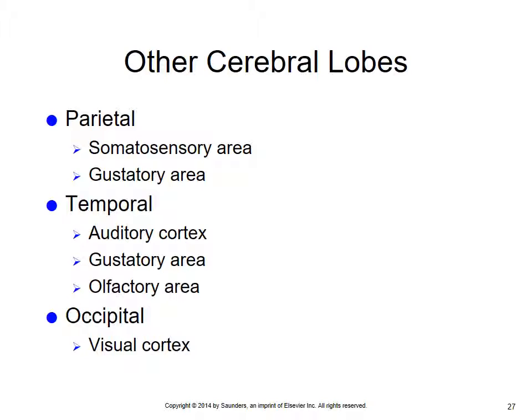And proprioception is the way we're able to feel our body in space. The temporal lobe contains the auditory cortex and the olfactory area. Information from the taste buds is interpreted in both the temporal and parietal lobes. The occipital lobe contains the visual cortex.